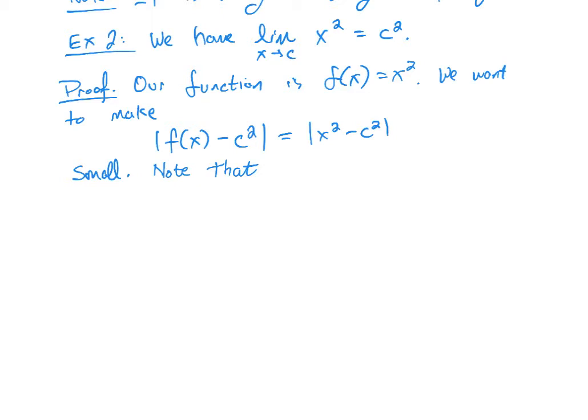Okay. And then once I've factored it, I might as well give both terms the absolute value sign. Okay, so this is the absolute value of x plus c times the absolute value of x minus c.